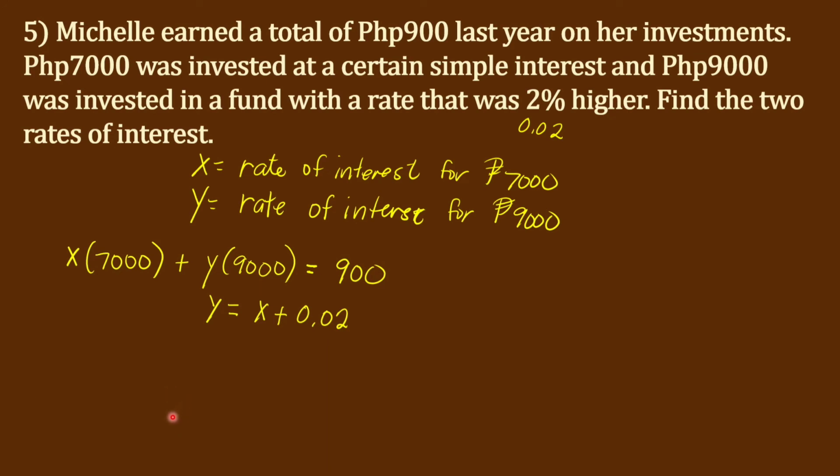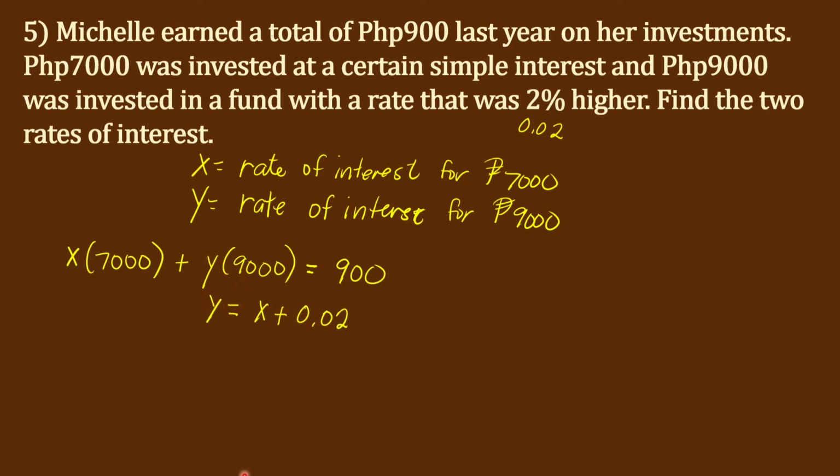Okay, so these are the two working equations. Now, we can actually use substitution instead of elimination. Because we can substitute this one into y. Because y is equivalent to this.